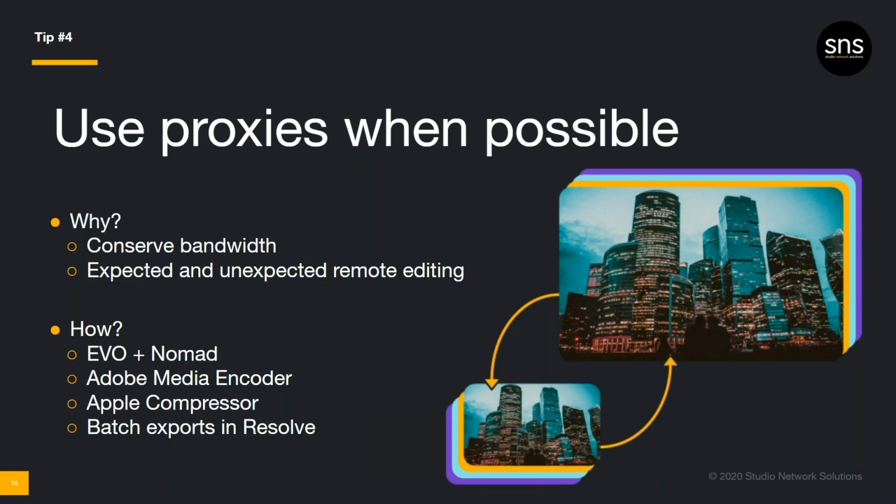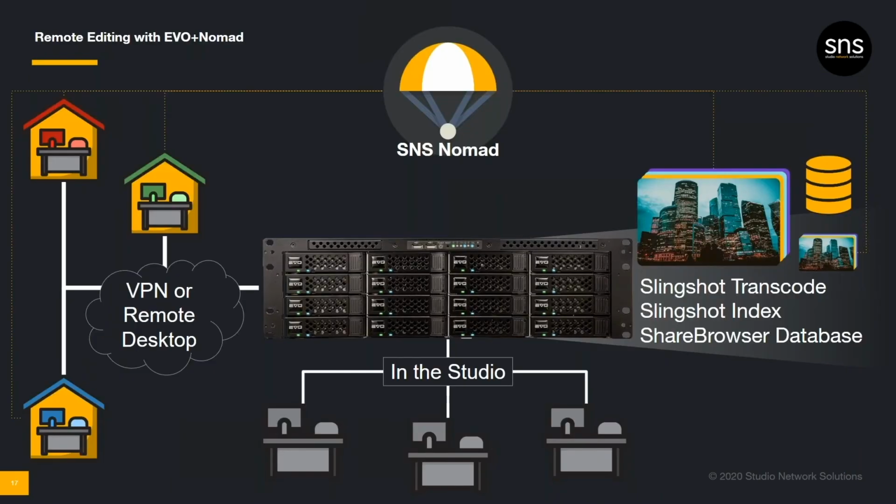Now, I mentioned that Nomad helps retrieve your proxy files so you can use them in your project. Let's dive a little deeper into how that works. So over here on the right-hand side, you can see that Evo is automatically transcoding and indexing that media upon ingest, which is a key component to our media management and remote editing workflow.